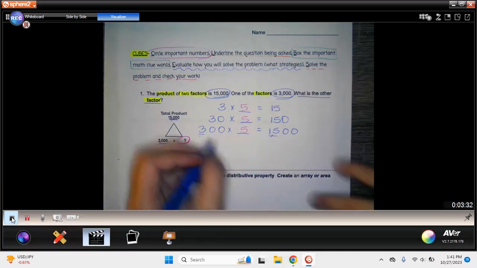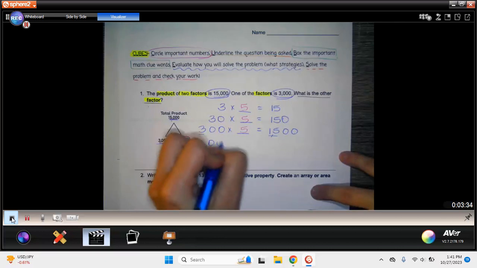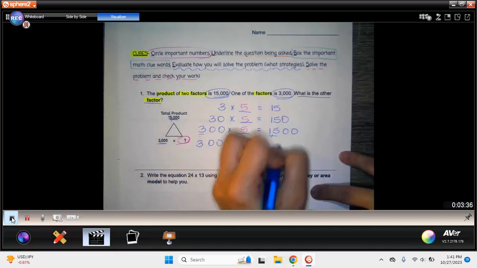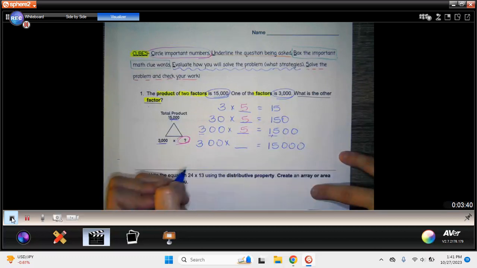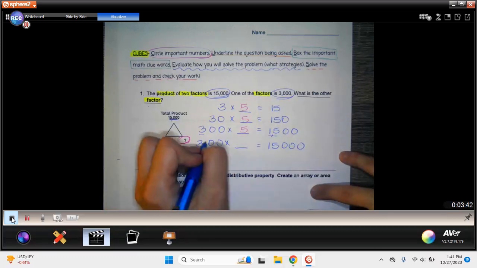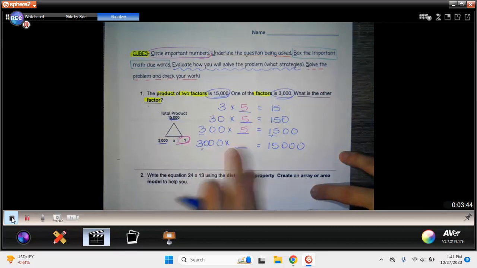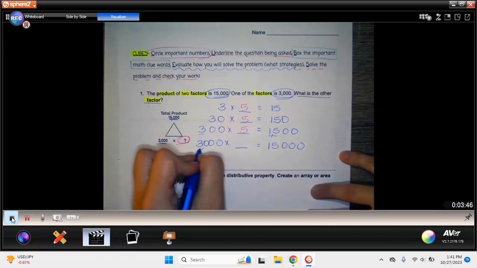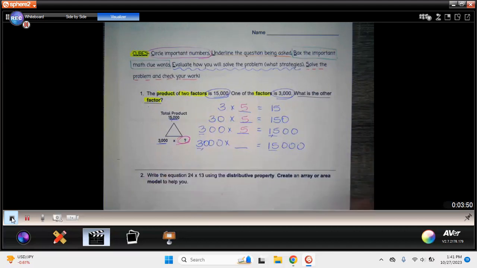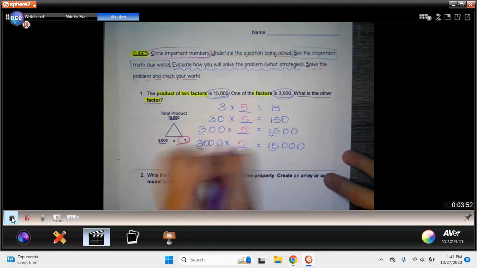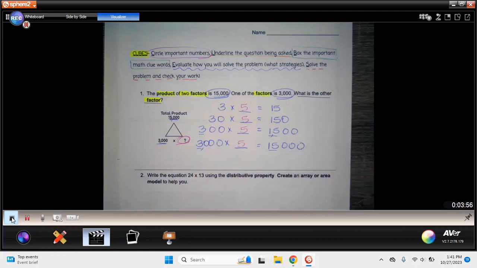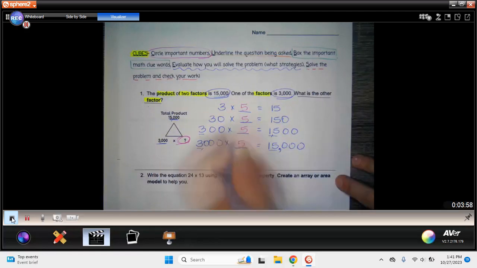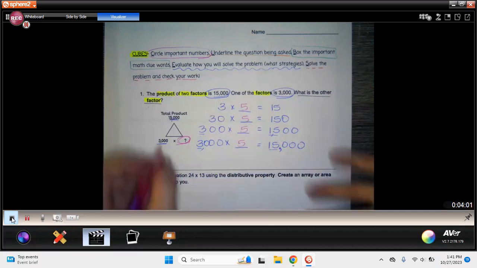Now, I'm doing 3,000 times some number equals 15,000. So here we go. Ooh, I missed that 0. 3,000 times some number equals 15,000. So 3 times some number equals 15. That's 3 times 5 equals 15. I have 1, 2, 3 zeros, 1, 2, 3 zeros. So that is 15,000. So it says, what is the other factor?